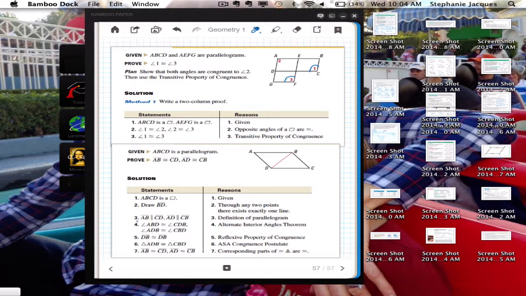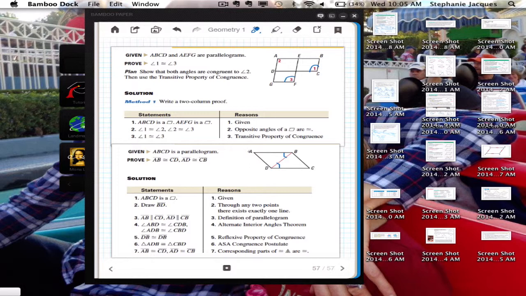Then the third one, AB is parallel to CD. So we go, okay, AB is parallel to CD, and AD is parallel to CB, and that's the definition of a parallelogram. They gave that to us. So number 4, they said angle ABD, so this guy, is congruent to CDB, which is this guy.